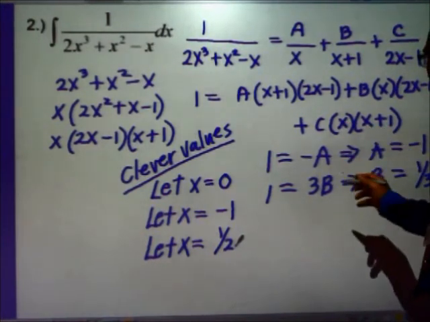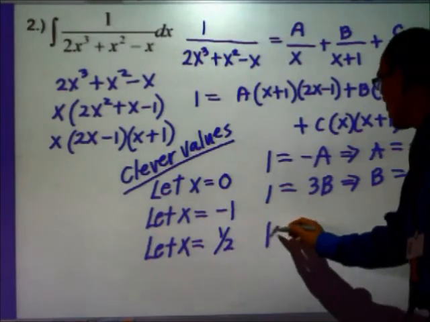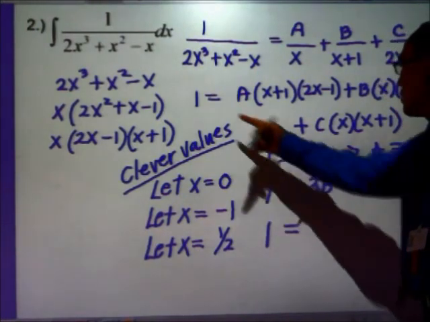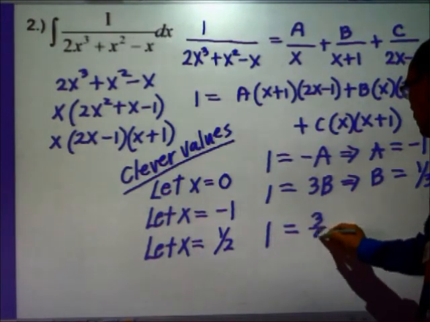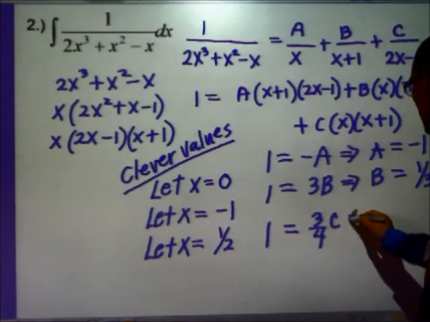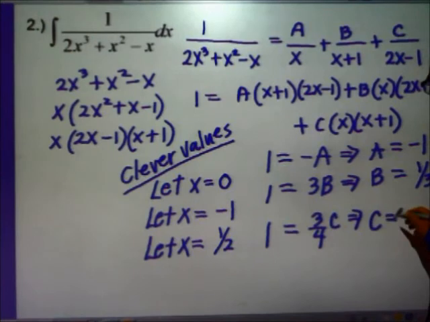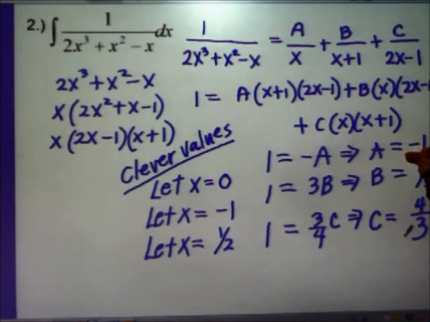This becomes 3/4. So that means we have 1 equals 3/4 c. That means c is actually 4/3. Okay. We now have the values of a, b, and c. So we can now plug those values in here, the c here, the b here, and a. Let's go ahead and do that.